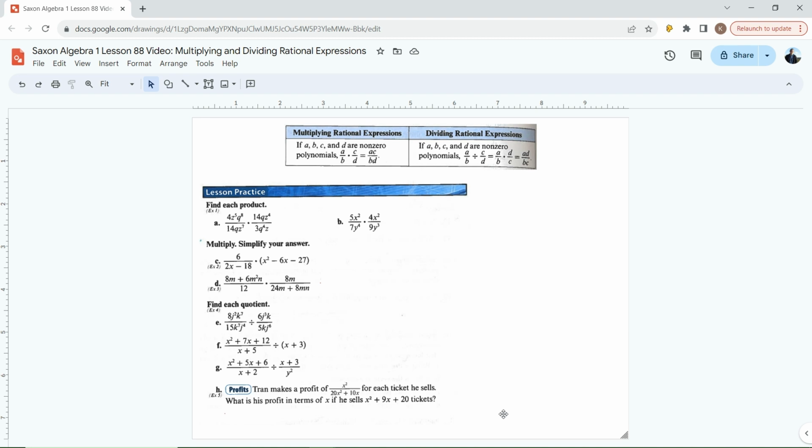Now, the first few problems are going to look like what we've done before when we need to find these products. So we're just going to cancel on the top and the bottom, just like we've done. One of the differences is that eventually we're going to be dividing fractions, which means we're going to have to use keep, flip, change to turn the fractions into a multiplication problem.